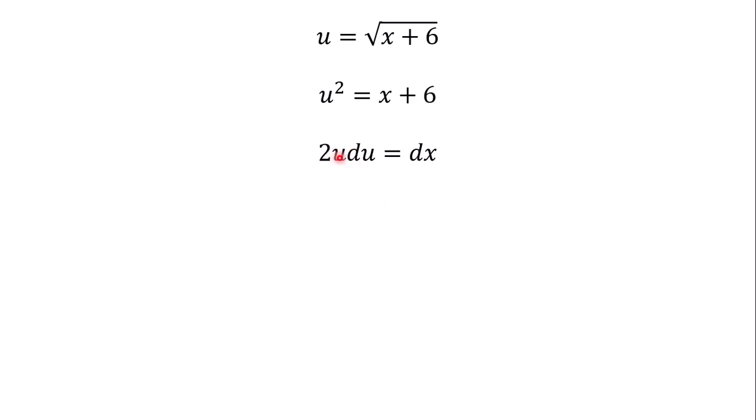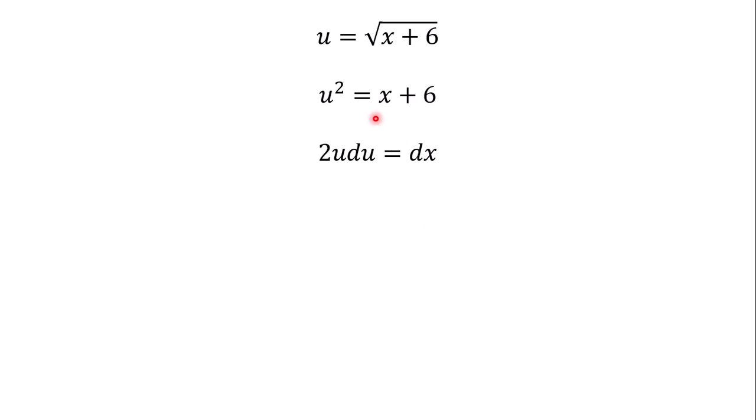This one is going to replace the dx in the u world, and then this one will replace this one in the u world. But what is going to replace the other one? That is square root of x plus 5.